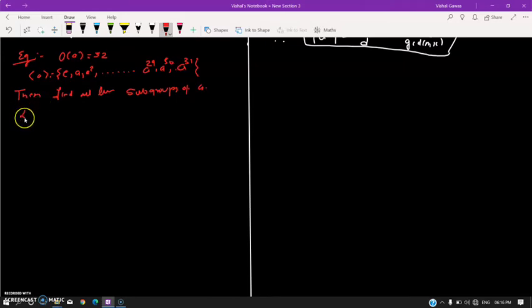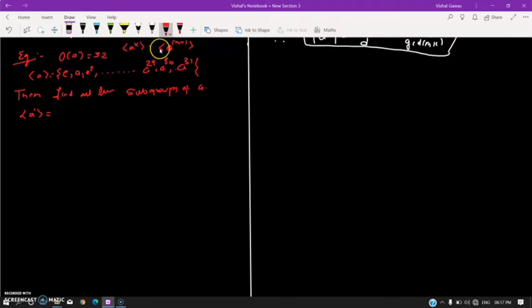Let's start with A, right? Since A generates, A is the entire G, but what else are the generators? Remember that the result says that A raised to K and A raised to GCD of N comma K generate the same group, right?